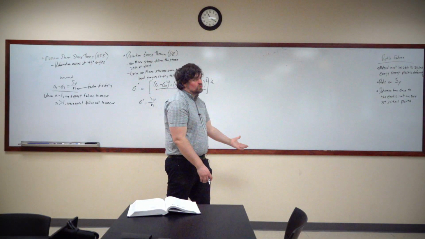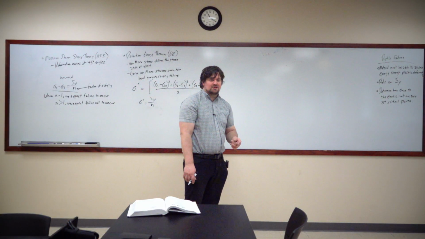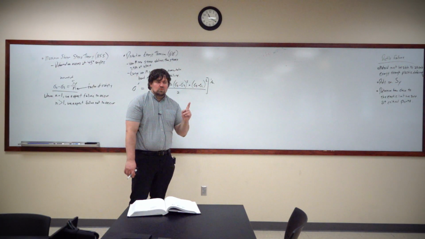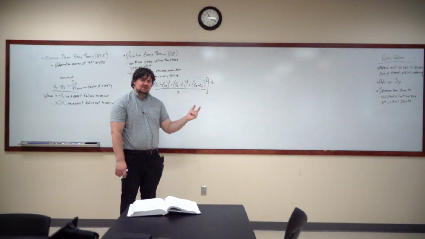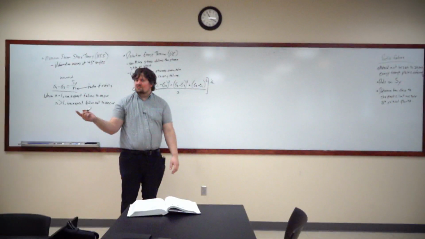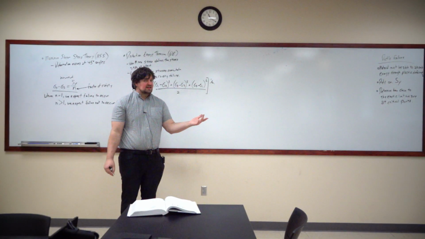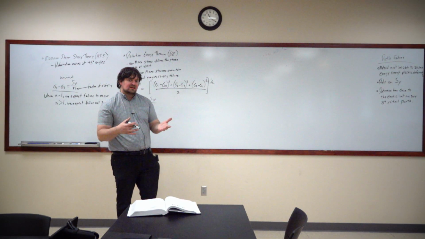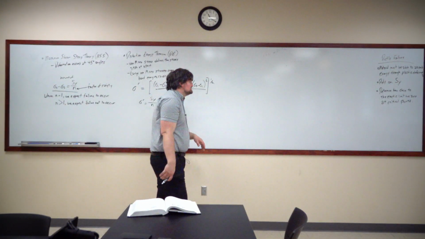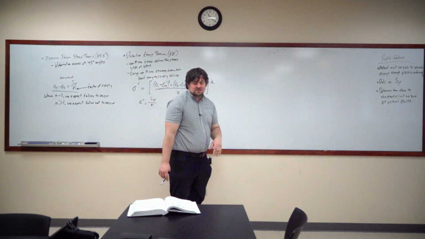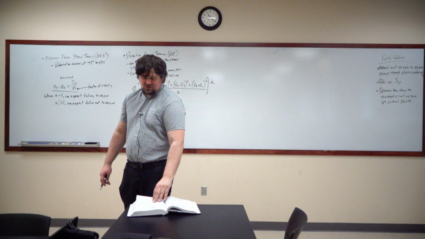And now we do have one more ductile failure theorem, and the idea is, what about a material that can handle tension but can't handle compression? Or what about a material that can handle tension and can handle compression? How do we handle failure in those cases? And what this leads to is called the Coulomb-Mohr theory.